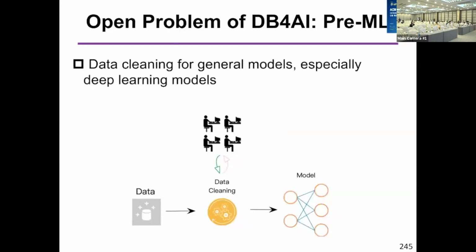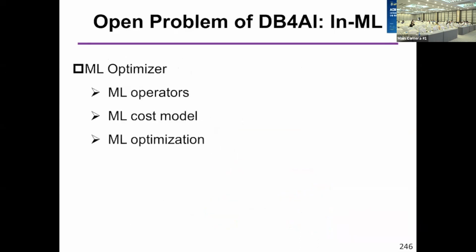You know that we have some data cleaning techniques, for example, for missing data and outliers. But for deep learning models, for machine learning models, whether we clean the data is very important. Whether cleaning data can improve the model quality is rather important. So there are some model-aware data cleaning techniques.